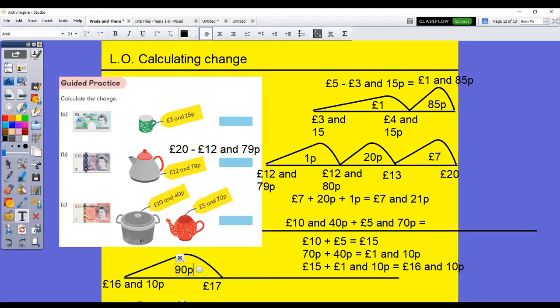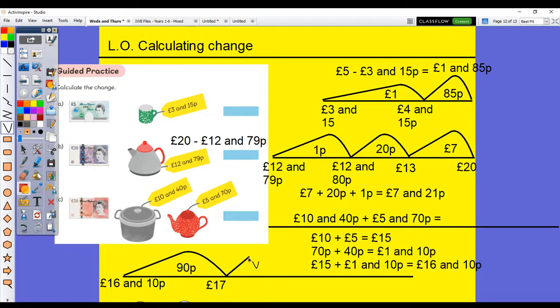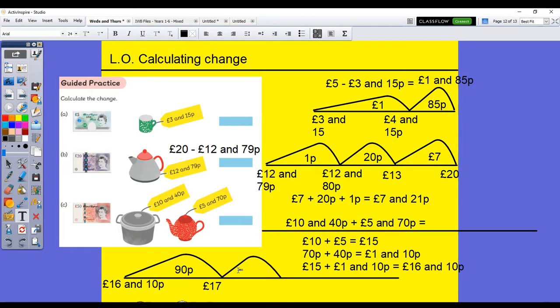Okay, and now instead of going straight to 50, I'm going to keep breaking it down so you can see how we can break it down if that's easier for you. So we need to find the next whole 10. 17, 18, 19, 20. So the next whole 10 is going to be £20.